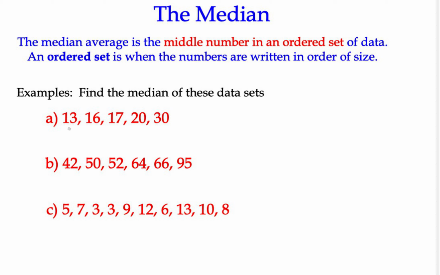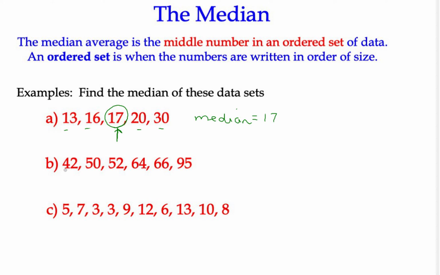So we can see here that out of 5 numbers, the middle number happens to be 17. Now we can tell it's the middle number because to the left of 17 there are 2 numbers, and to the right of 17 there are 2 numbers, so it's bang in the middle. Okay, so we can write down here that the median value is 17. That's the average or typical number in that list.